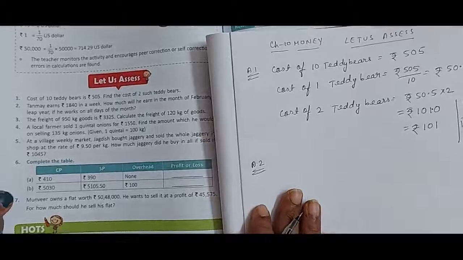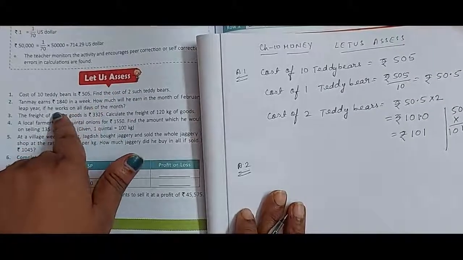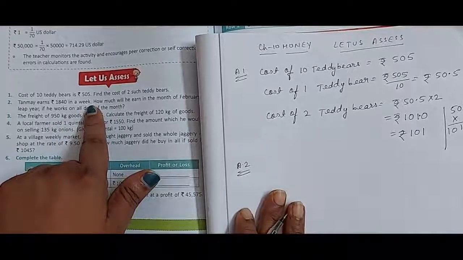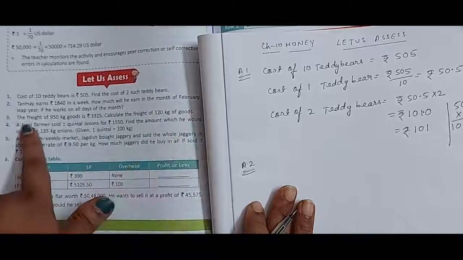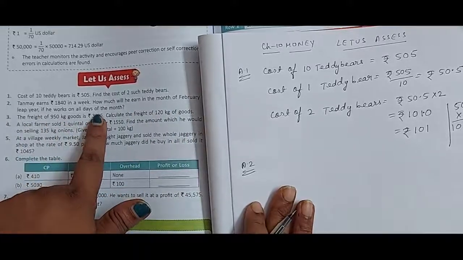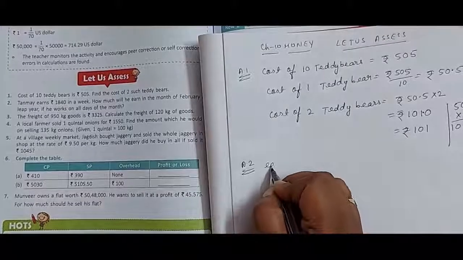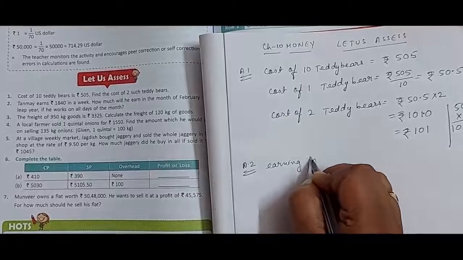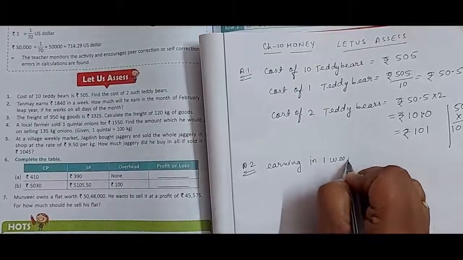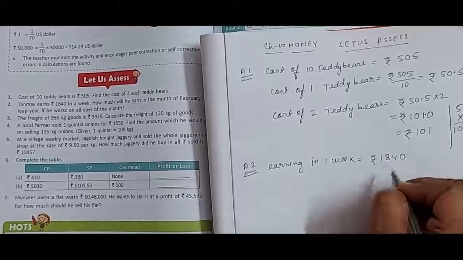The question is, Tanmay earns rupees 1840 in a week. How much will he earn in the month of February of a leap year if he works on all days of the month? So here, earning in 1 week equal to rupees 1840.